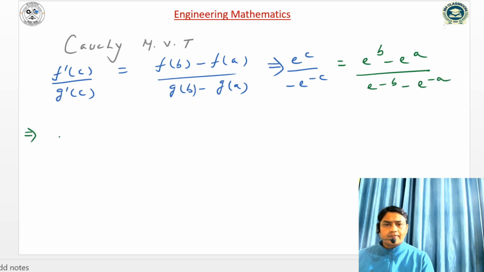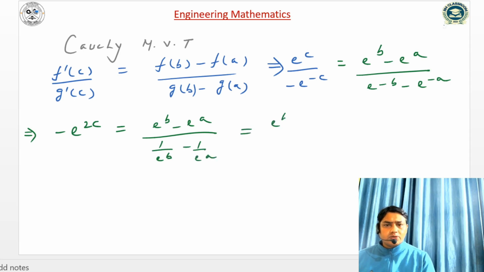So here it will be minus e to the power 2c is equal to e to the power b minus e to the power a divided by, we can write e to the power b minus 1 by e to the power a. So it will be e to the power b minus e to the power a divided by e to the power a minus e to the power b divided by e to the power a plus b.